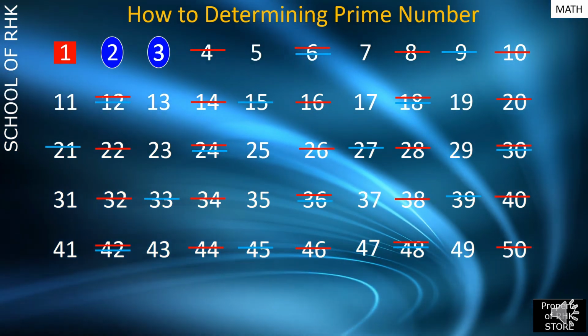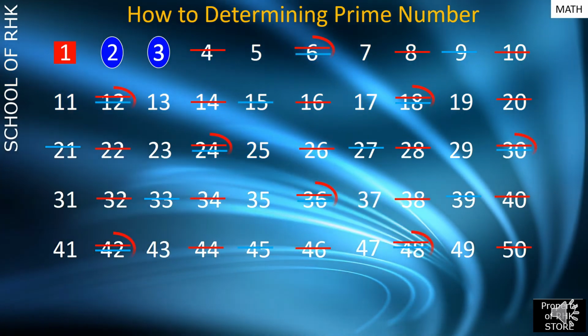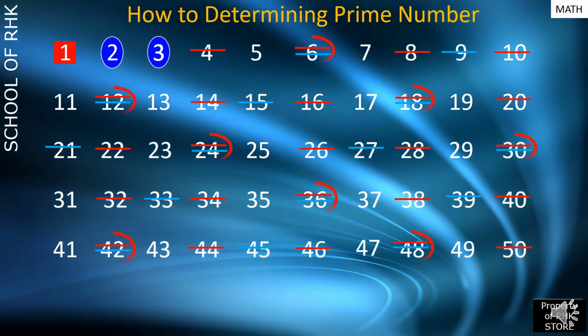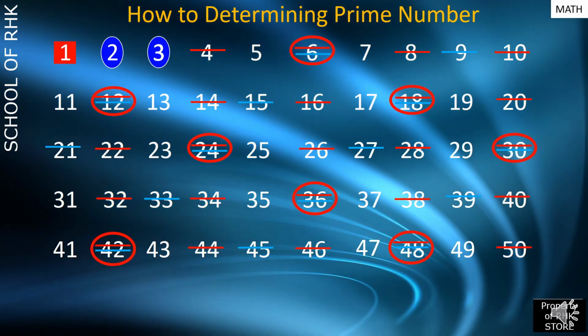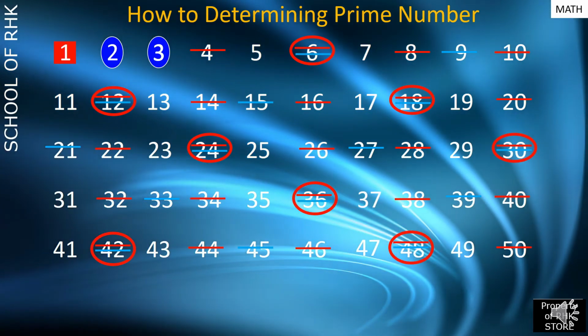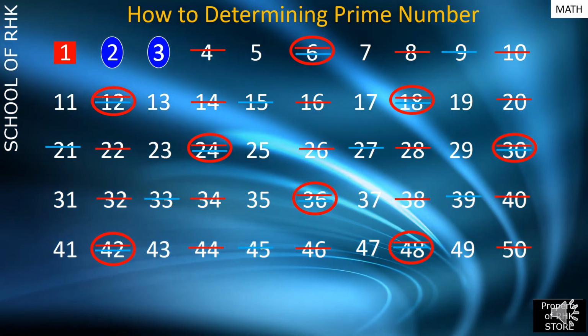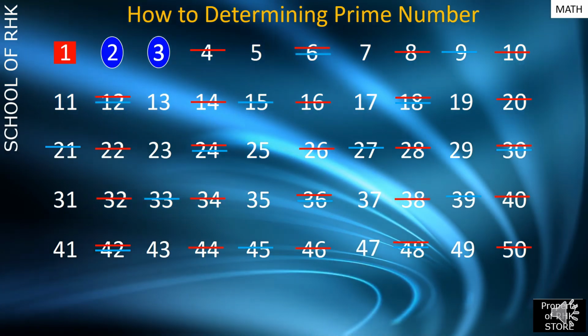Some numbers have already been discarded, but we will discard them again so that we can see the multiples and understand clearly. Hopefully, the students have understood the process of using the sieve of Eratosthenes.